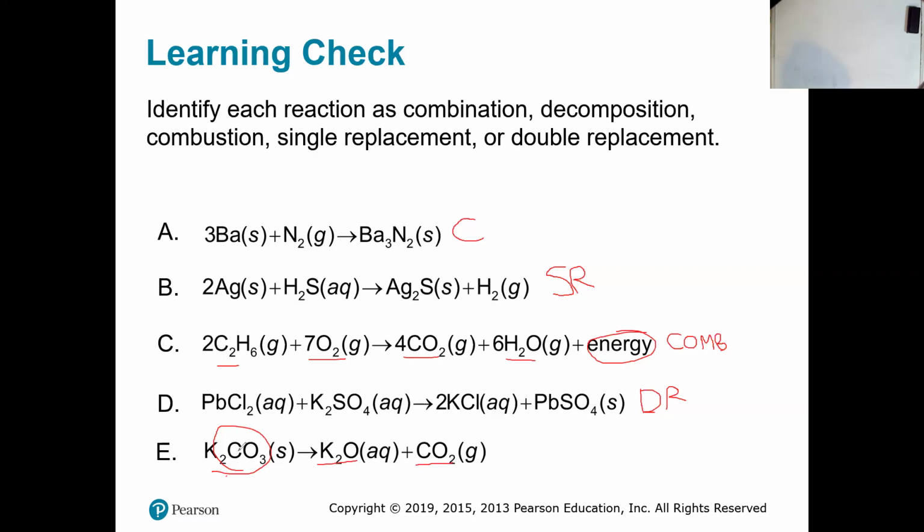So we took one thing that was larger and it converted into two things that are smaller. It's split apart. That is an example of a decomposition reaction. Erase. Hopefully that makes sense.